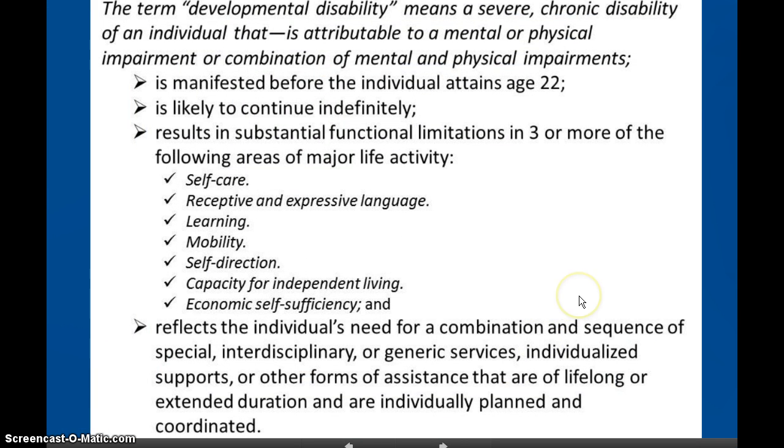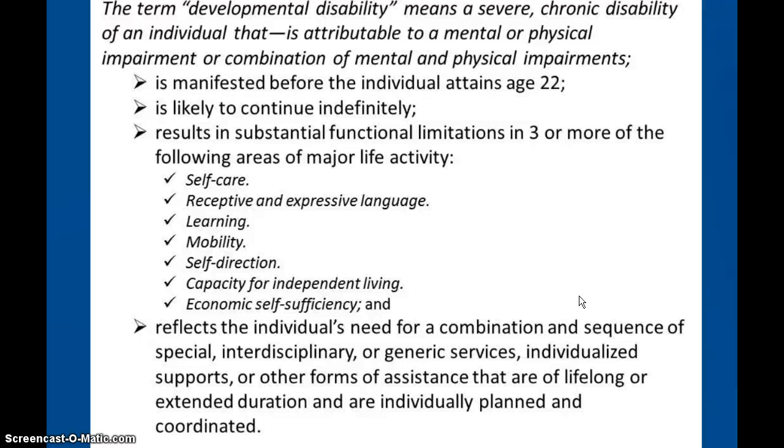So, outside the school setting, we have a few other definitions we need to look at. All the ones we looked at so far were from the Mississippi Department of Education, and they had to do with school-based services. Another thing we look at is for birth to death, for services that are community-based, not school-based, we use the term developmental disability. And this definition is from the Developmental Disability Act.